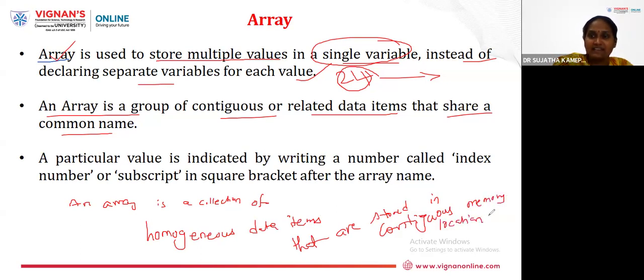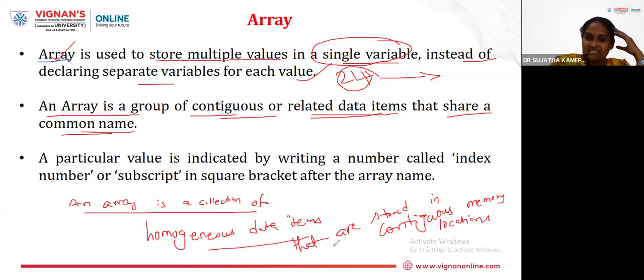So this is another definition for an array: an array is a group of contiguous or related data items that share a common name, or an array is a collection of homogeneous data items that are stored in contiguous memory locations.